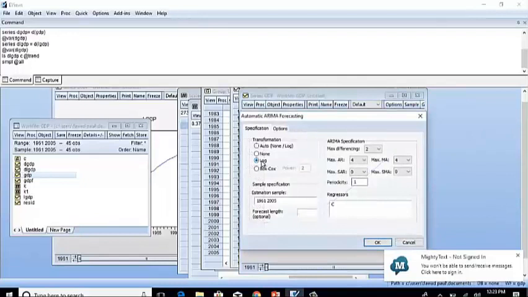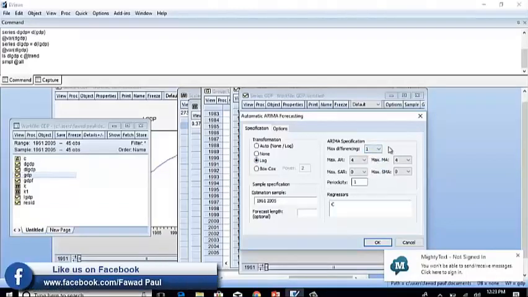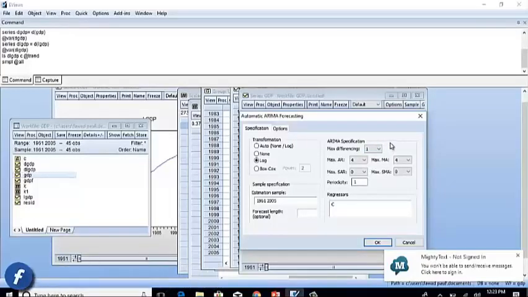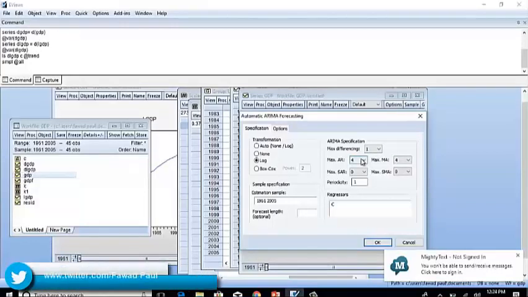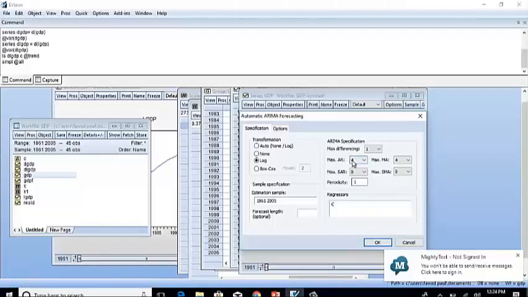We have to take the log variable, because when we take the log, the variance is stabilized as we have seen before. And take the maximum difference as 1, because when we take the first difference of log of GDP, the mean becomes 0 and the variance is constant. And with the help of the correlogram, we have seen the maximum lag value we have taken is 4 and 4.